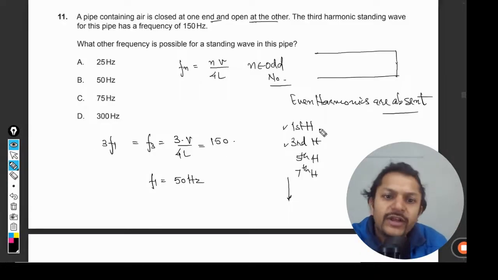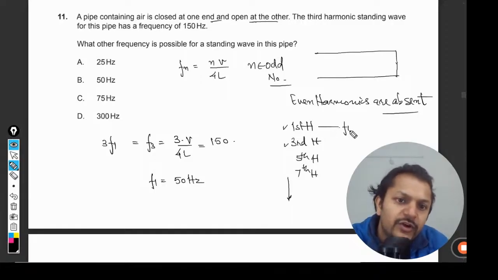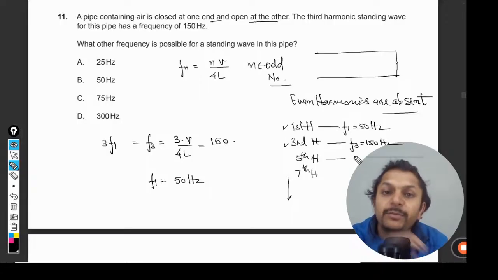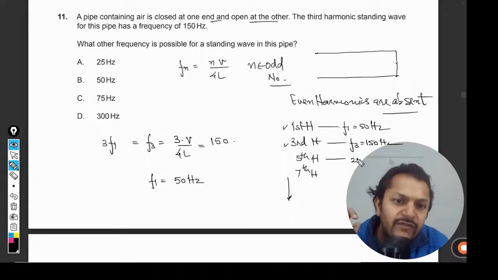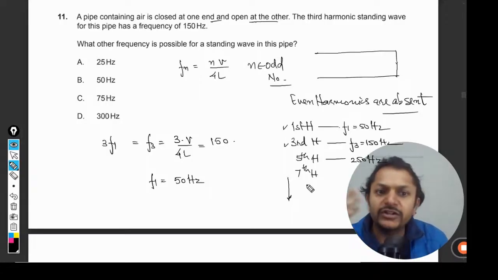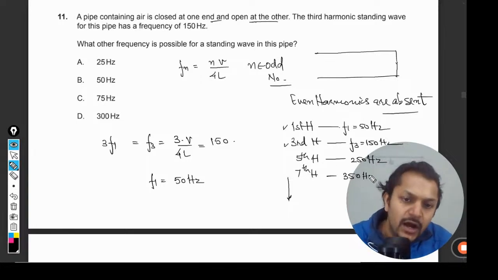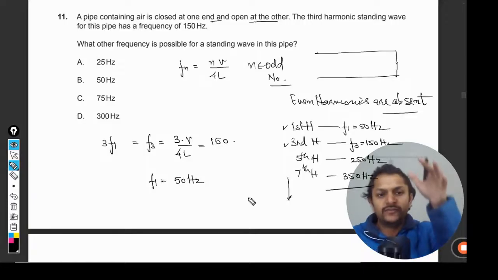So if you refer to the first harmonic, your frequency will be 50 hertz. For the third harmonic, it will be multiplied by 3, and for the fifth, it will be multiplied by 5. 5 5s are 25, so it will become 250 hertz. For the seventh, it will be 7 5s are 35, so that will be 350 hertz. And this is how it will keep on moving.